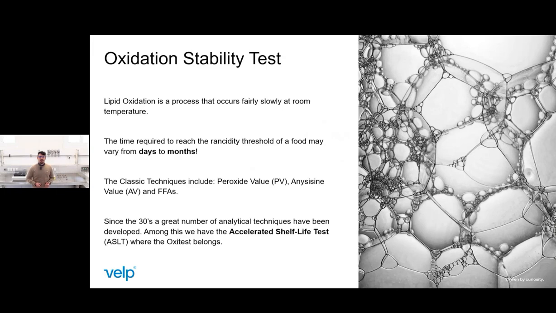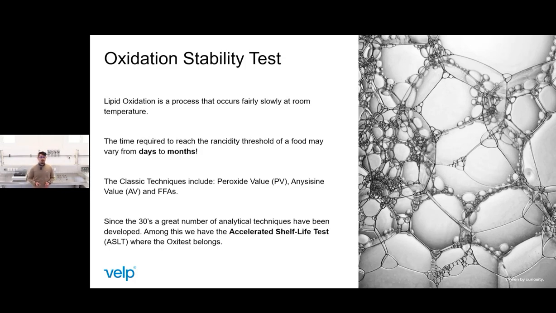The challenge is that lipid oxidation occurs slowly at room temperature, sometimes taking days or even months before reaching a detectable rancidity. Traditionally, oxidation has been monitored using techniques such as peroxide value, anisidine value, or free fatty acids. Since then, many accelerated methods have been developed to attain reliable results, but in a shorter time.